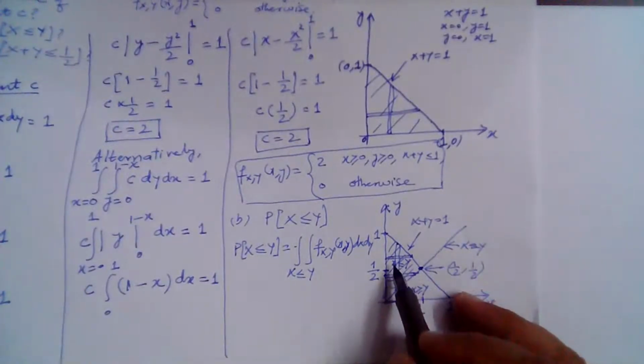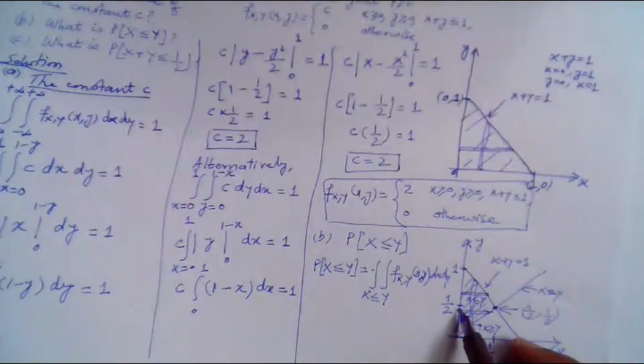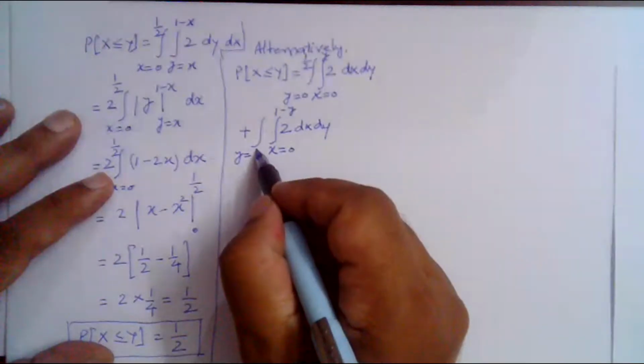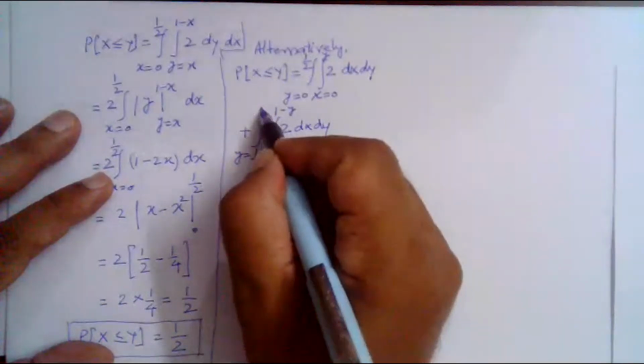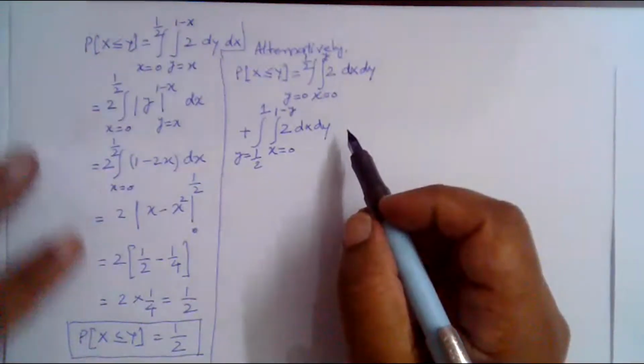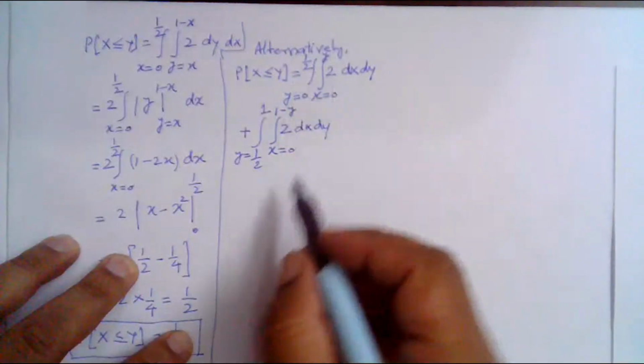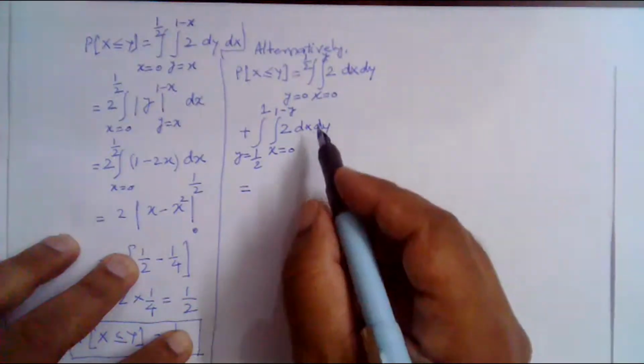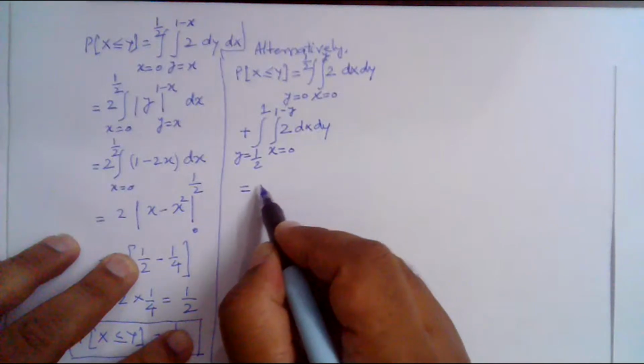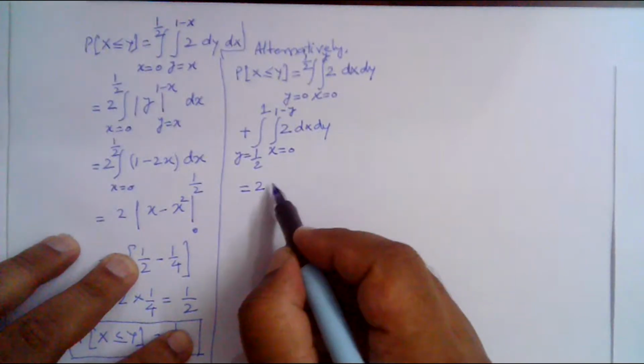But you see now this strip moves from y is equal to 1 over 2 to 1. So y is equal to 1 over 2 to 1. As I described earlier, this is now the summation of two integrals. The 2 can be taken out.